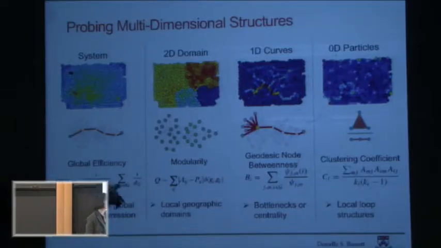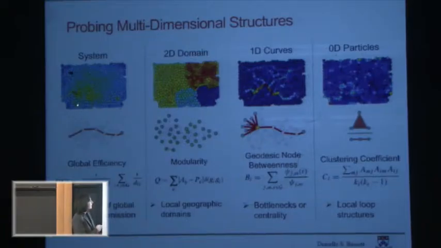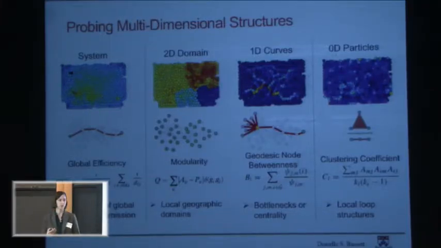This is actually the 1 over the path length, the shortest path between nodes I and J. And what you can see here is that you actually get a really nice radial picture. So particles that are in the center have a shorter path length to the rest of the system than particles along the edge. That's a very obvious measurement, right? So it's very intuitive that you get a radial system-wide picture.